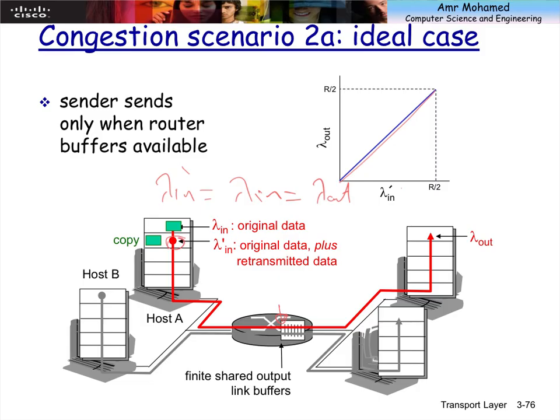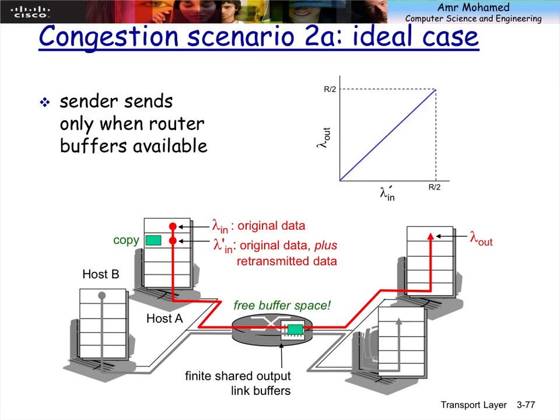And remember, lambda out can never get greater than this. Okay, we will never have that case, because once we reach C over 2, what will happen? The transport layer protocol will be stuck. Stuck. I don't have any buffer space. Give me buffer space, I can send. So after C over 2, it will stop.